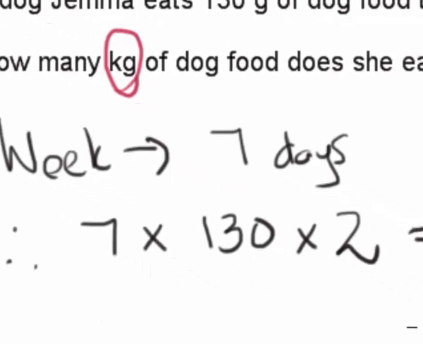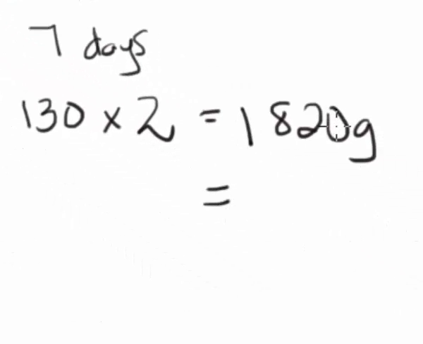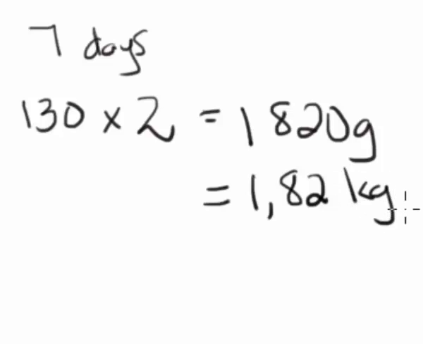So we've got to take that and convert grams to kilograms. Converting grams to kilograms, we have to divide by 1,000. If you count your decimal places, 1, 2, 3, it's going to be 1,82 kilograms per week is what she's going to be eating.